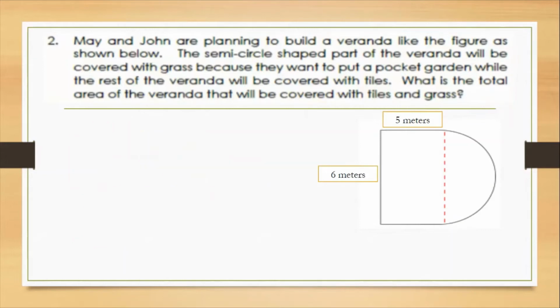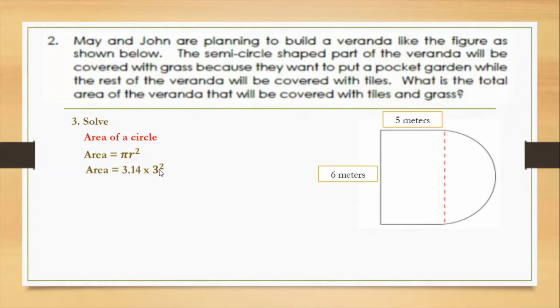Let's now solve the problem. First, let's calculate the area of our circle. For the area of our circle, we have a formula, which is area equals pi times r squared. Pi is 3.14, multiplied by our radius, which is 3 squared.